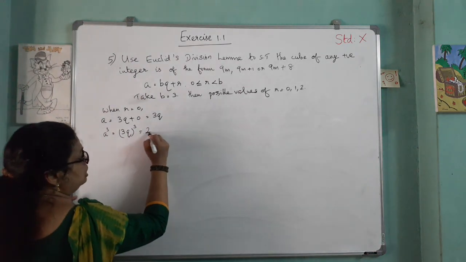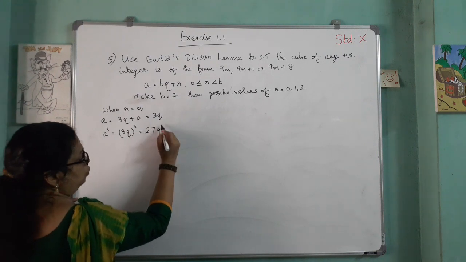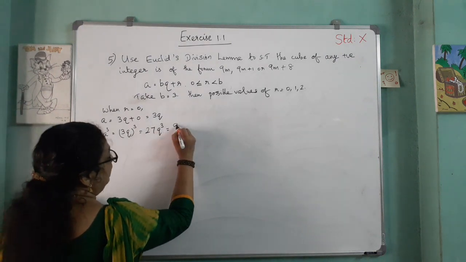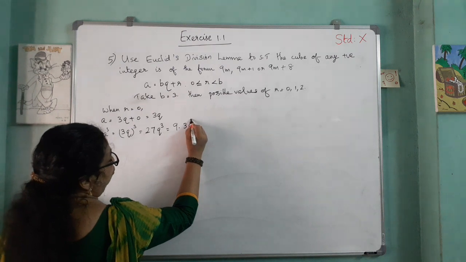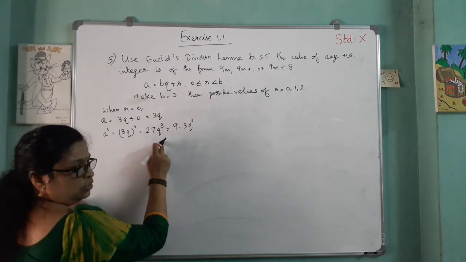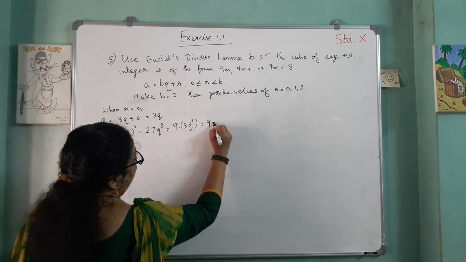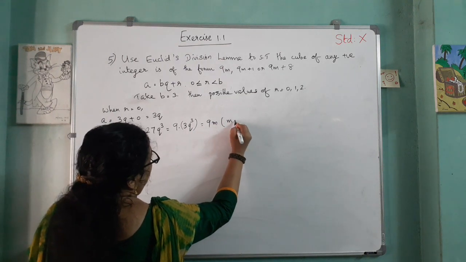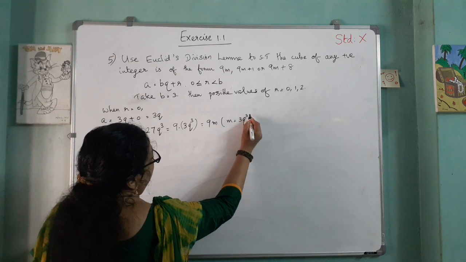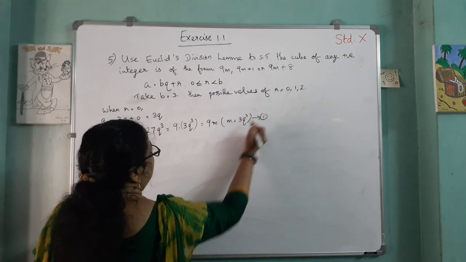So 3 cube is 27, then q cube. It can be written as 9 into 3 cube q cube, which is 9 into m, where m equal to 3 cube. This is taken as equation number 1.